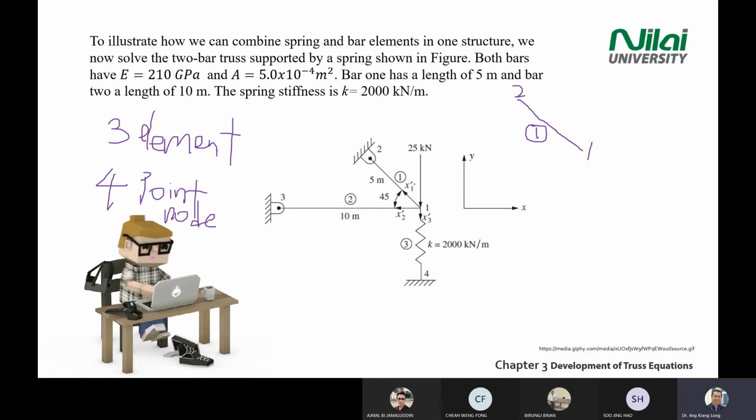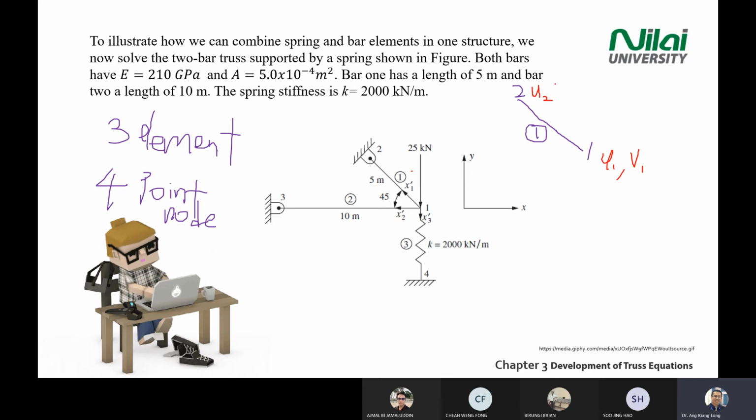Because you are referring to the x and y direction. So each one will give you u1, v1. Correct? Now point 1 can move in the x direction or y direction, right? Agree?